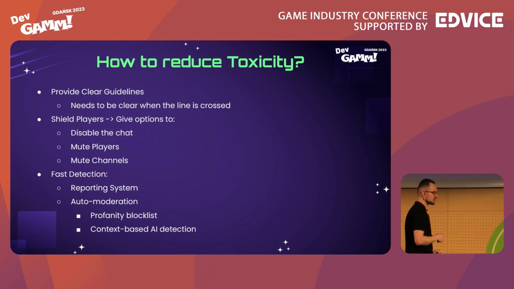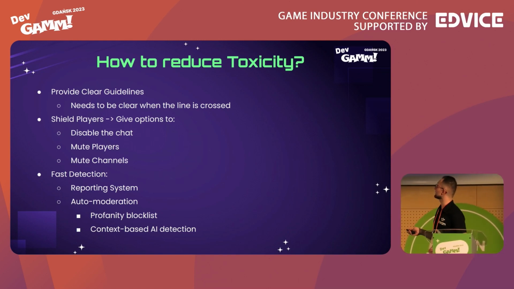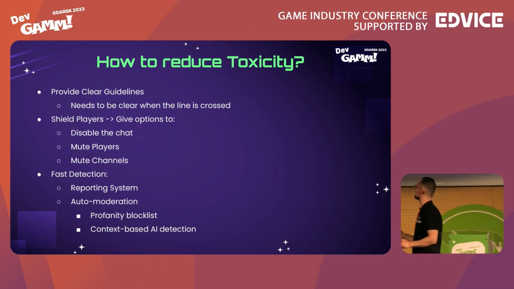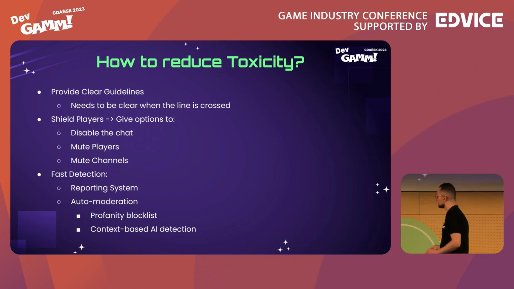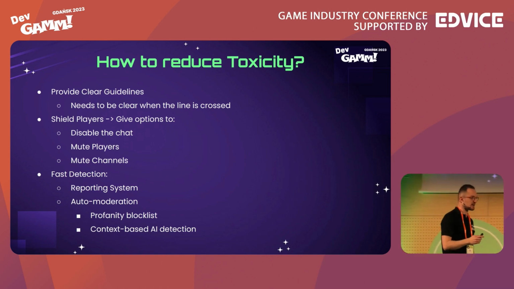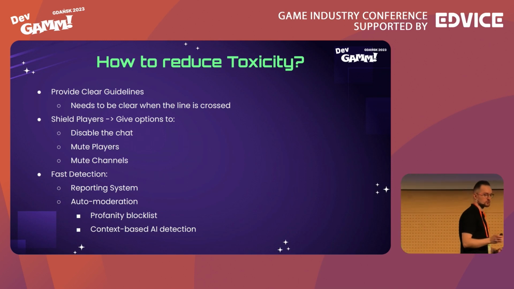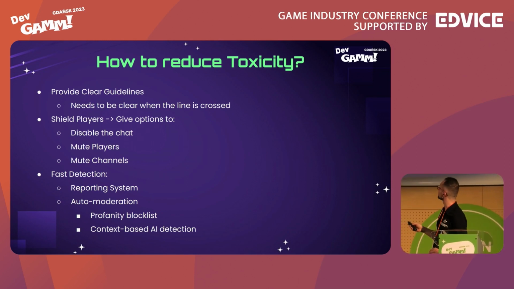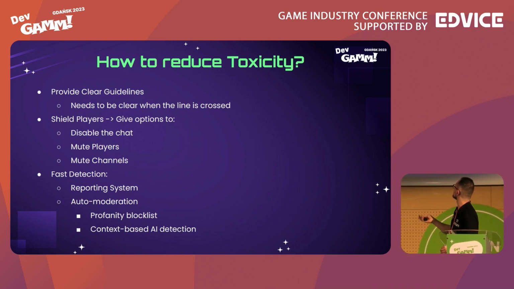The fundament is the block list. This is a technically extremely simple solution. You have a predefined list of bad words that players shouldn't use, and you try to detect them. Or you can seek AI-based solutions that analyze a deeper context of what was being said.